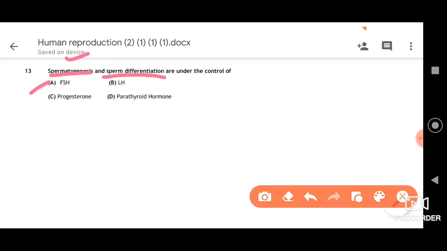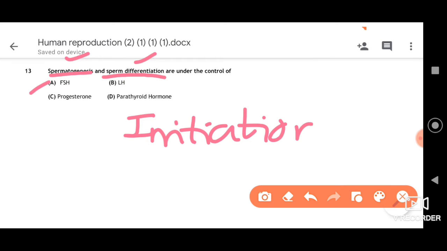Let me tell you that FSH is the most important hormone needed for spermatogenesis as well as sperm differentiation, because FSH helps in initiation of spermatogenesis. When I say initiation, remember that for spermatogenesis to start, we need FSH, follicle stimulating hormone.